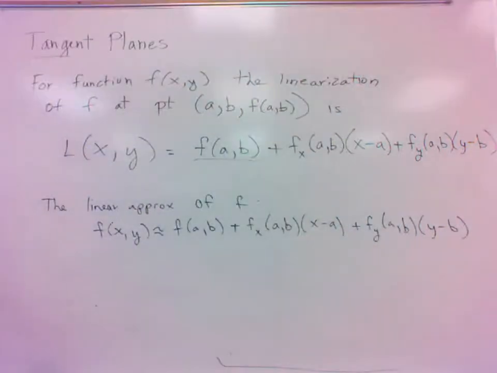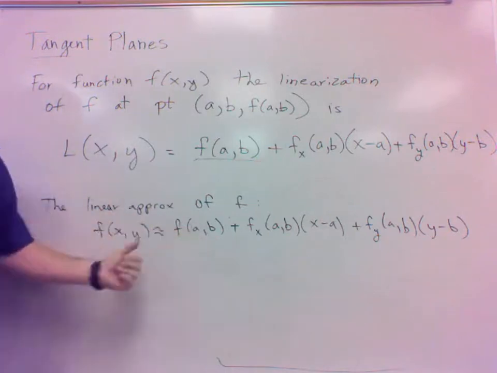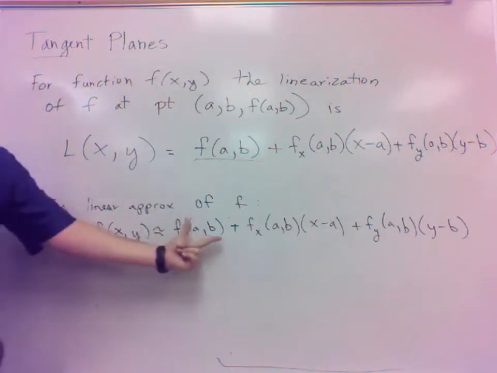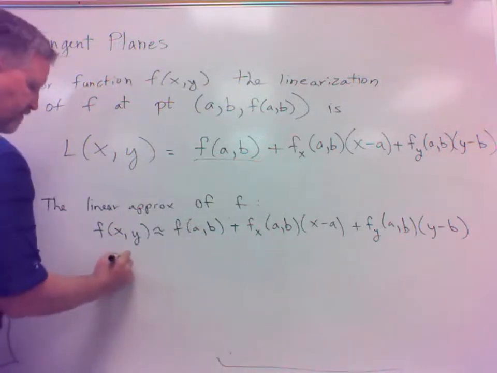So this again is just pointing out that we can approximate function values using this linear approximation, or linearization. As long as you don't get too far out, as long as your x and y are near (a, b), the approximations are better.